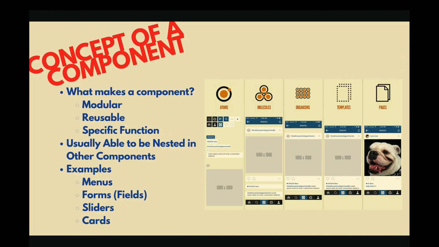You've got the label associated with the specific type of field that you're using, and just a lot of meta information that could come along with that. Slider is another good example. The slider itself is a component, but then each individual slide could be considered a component. And then my favorite is always cards. Cards are nice because they have generally like an image and a title and a link and a call to action, and it's all really self-contained, so it makes for a great example.